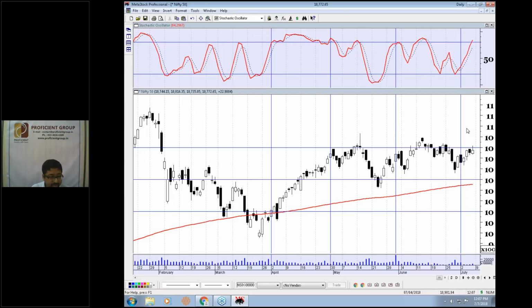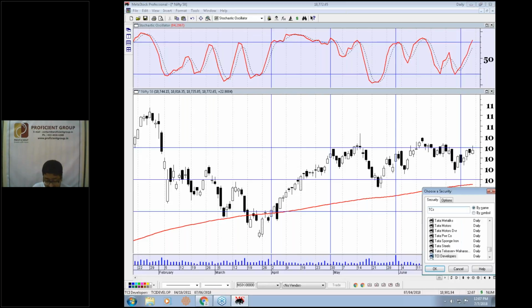Having said that, let us come to some of the stocks that are likely to outperform the market in the short term and in the intermediate term. First stock that I would like to bring to your notice is actually TCS.